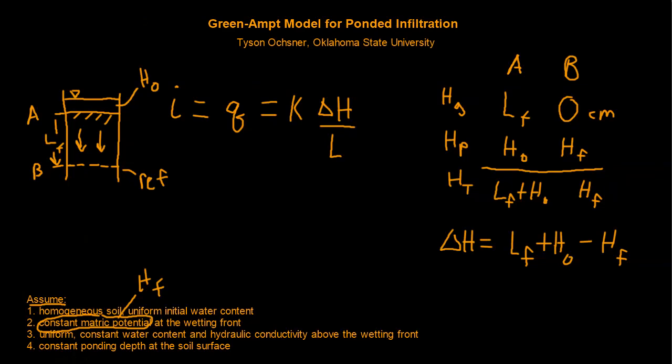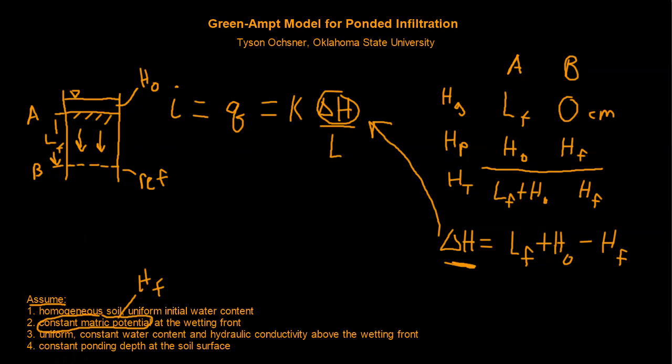Now that we have this expression, we can plug this value for delta H up here into Darcy's law, or the Buckingham-Darcy law. Okay, so that's the next step here.